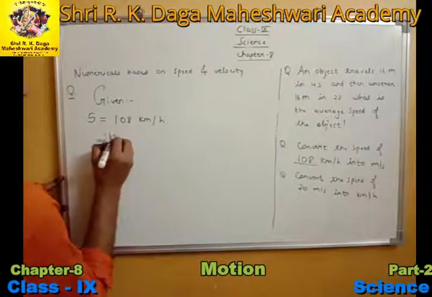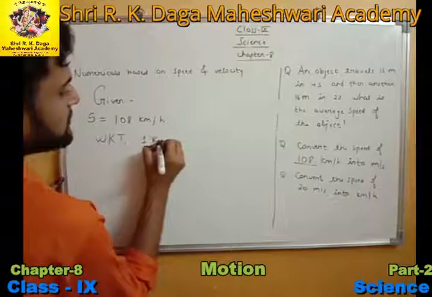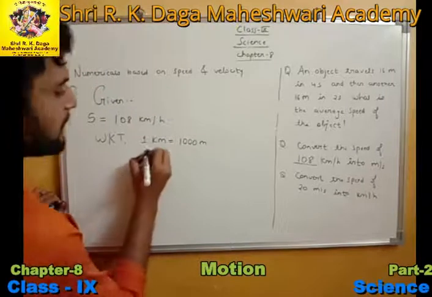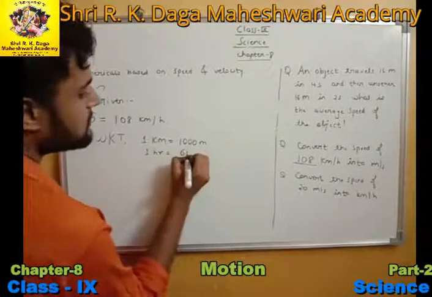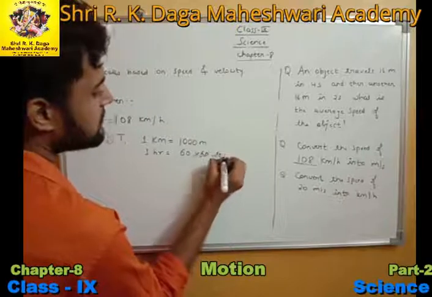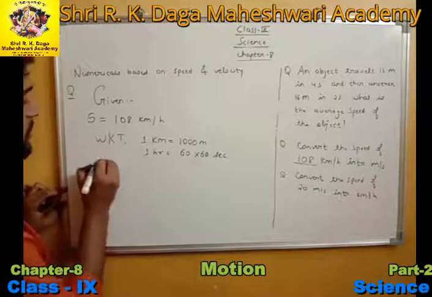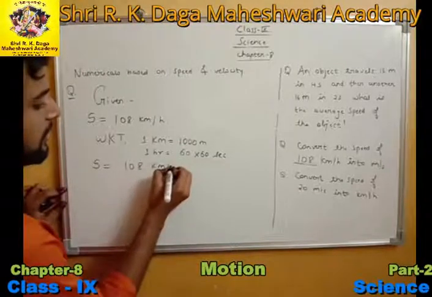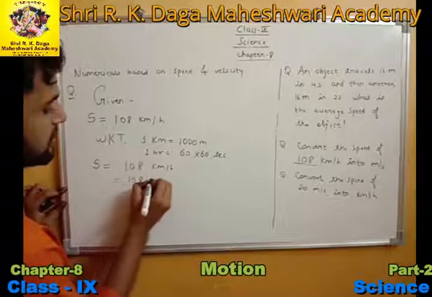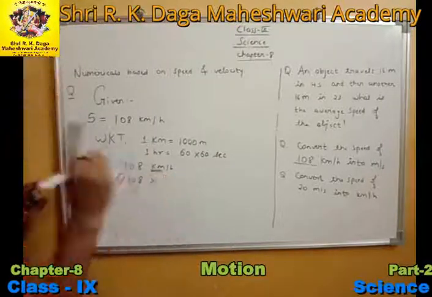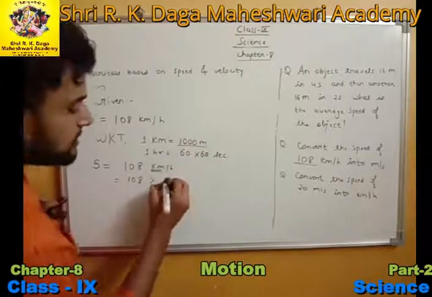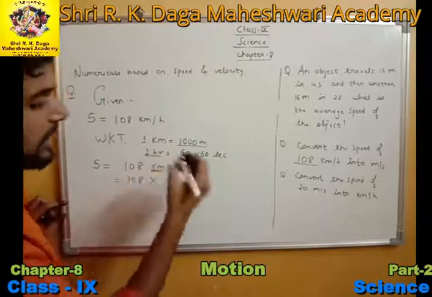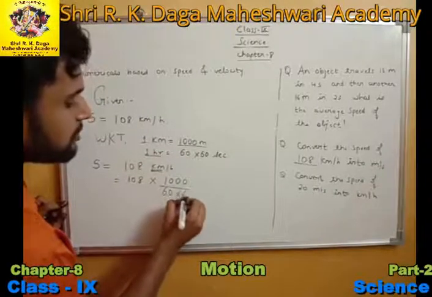Now what do we know? We know that 1 kilometer is equal to 1000 meter and 1 hour is equal to 60 into 60 seconds. Okay, so I can write this speed of 108 kilometer per hour as 108 into, for 1 kilometer, 1000 meters, so I can write 1000 divided by, for this 1 hour I can write 60 into 60.